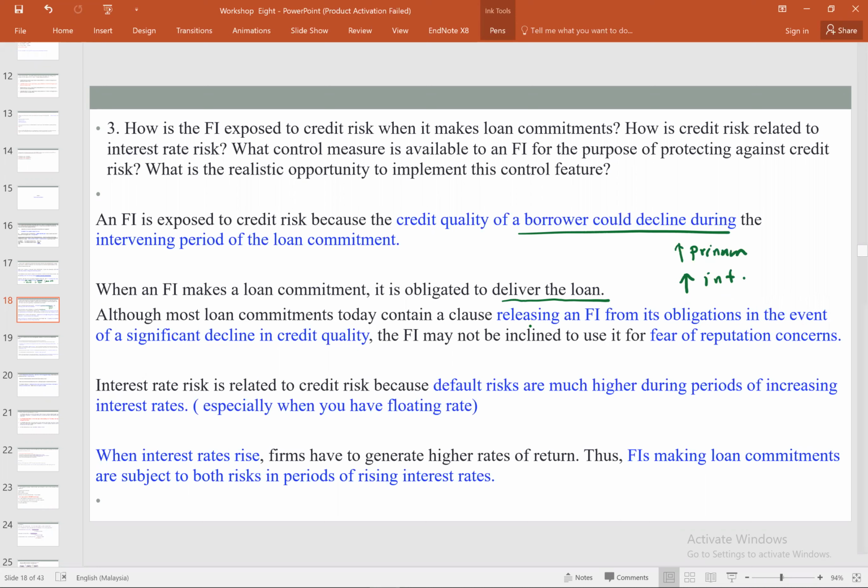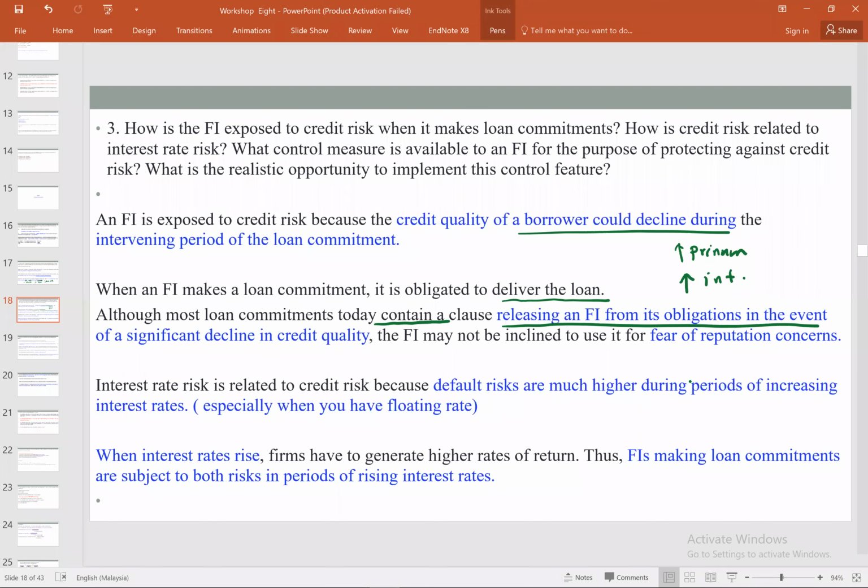There are currently some clauses in the contract saying if there is a drop in the client rating, the bank can increase the rate. But actually, banks don't do that.